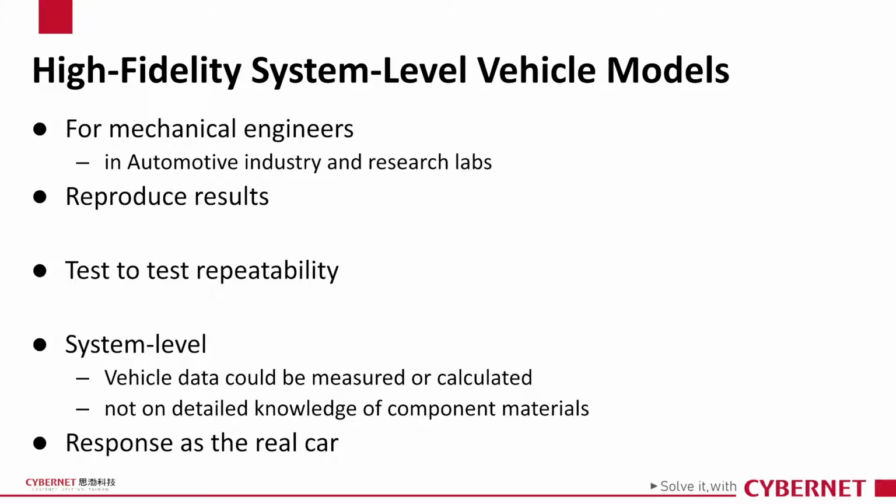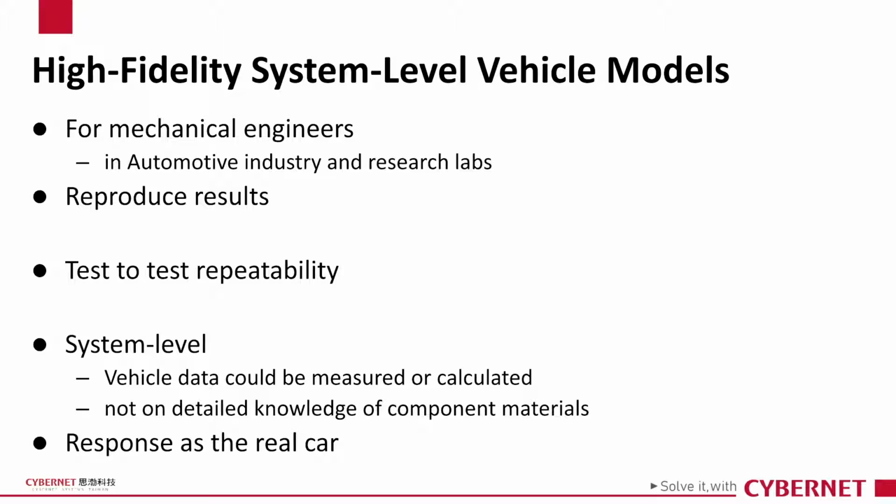CarSim uses a combination of parameters and variables to represent the vehicle. As shown in the picture, we have dimensions that are measured from the vehicle. We also have tables that represent measurable properties such as suspension kinematics, camber versus jounce.